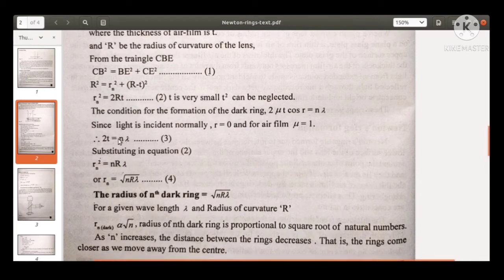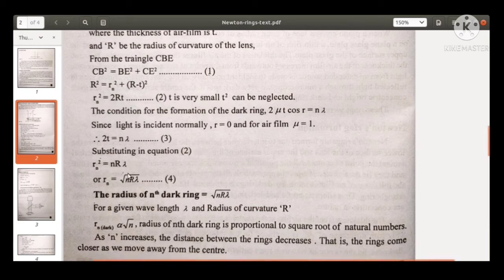Substituting this in the equation, we will get Rn square is equal to nR lambda. That is, from this, t is equal to n lambda by 2. Here substituting this, we will get Rn square is equal to nR lambda, or Rn is equal to square root of nR lambda.